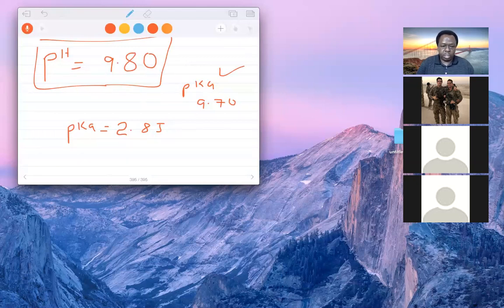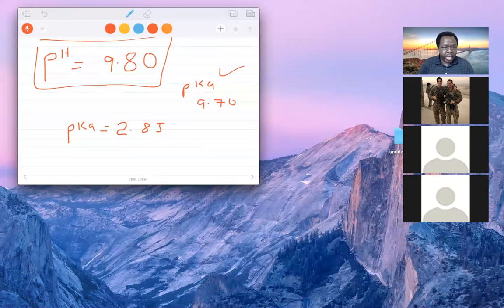I've seen questions asking which one of the following weak acids you will use to prepare a buffer solution of a given pH, and you'll see the value and compare it with the pKa value. Or maybe if you are given the Ka value, then you have to convert it to pKa, and then you compare.